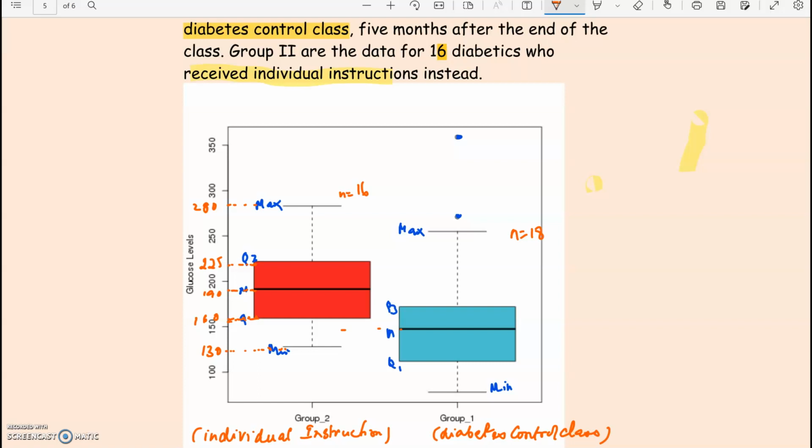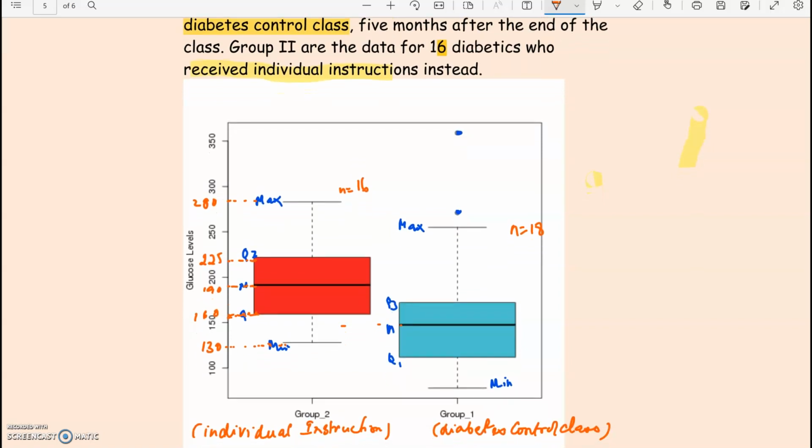So these are the two treatments, and at the end of a certain period of time, the blood glucose levels are tested and the results are tabulated, and of course these are the box plots for the two groups.